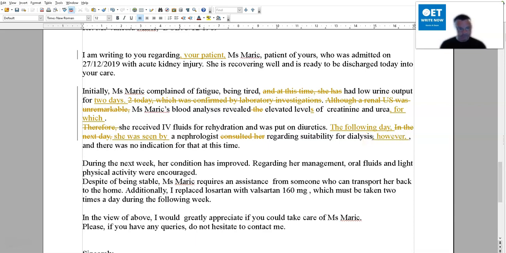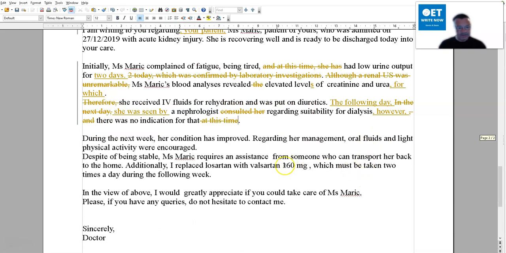However, there was no indication at that time. It's simple past, right? No indication. However, there was no indication that that would be suitable. I'm not going to change every single word. During the next week, has improved.